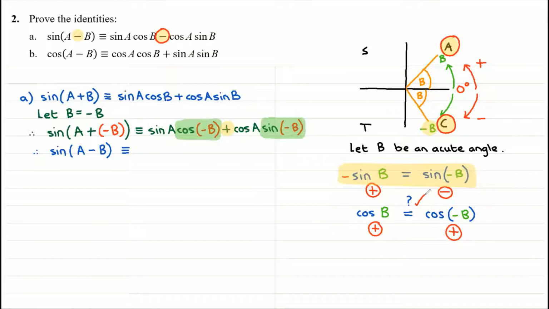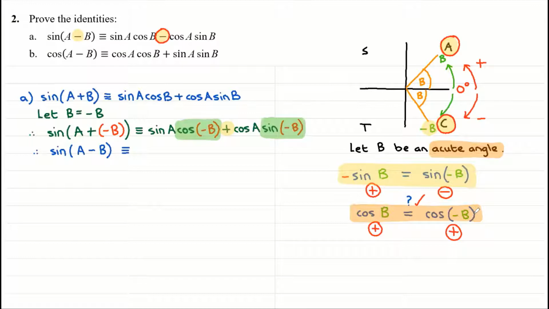So the cosine of B is equal to the cosine of negative B. And I stipulated earlier that we said B had to be an acute angle. But I'll leave it up to you. If you wanted to do some further analysis using the graphs of sine and cosine, you'll see that these are identities and they hold for all angles. Okay, but I think I've made my point here.